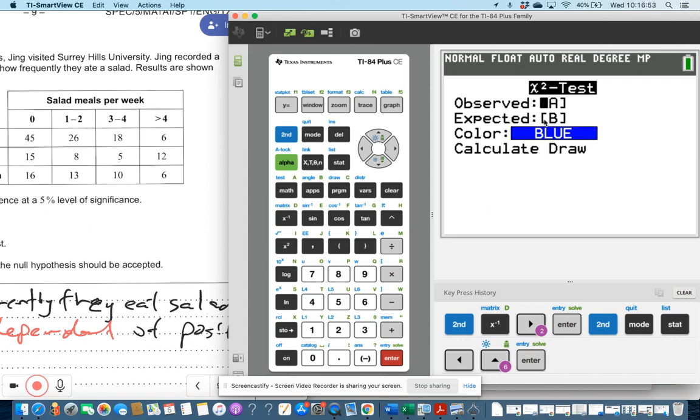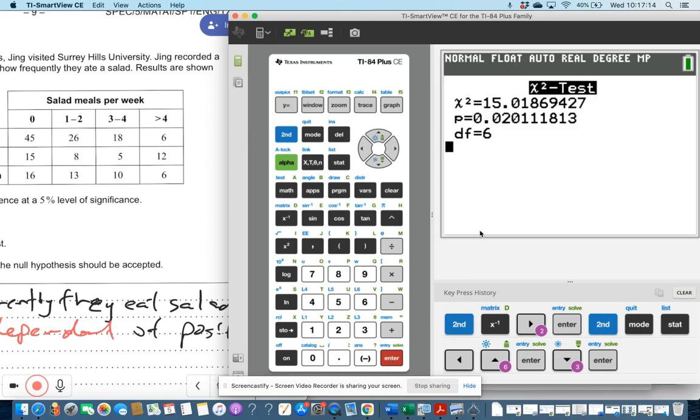The expected matrix is going to be written in B, which, again, you're familiar with how to calculate that manually: row frequency times column frequency total divided by the total. And then calculate. Okay, so when we calculate it, we get a chi-squared value, which basically is talking about how much our observed frequencies are differing from the expected frequencies.